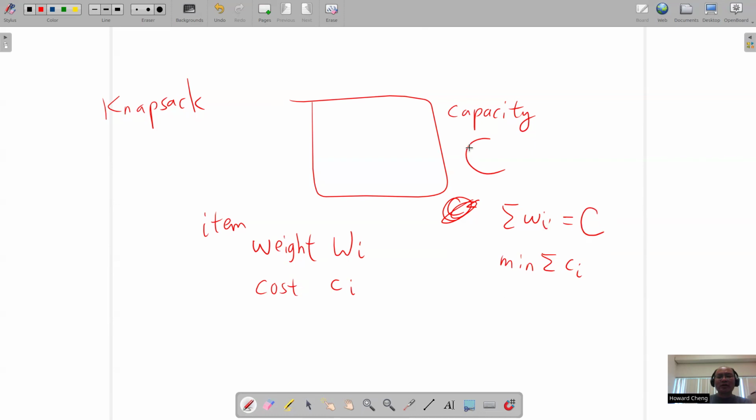So what are we going to do? We don't have capacity here. We have the total delegates. Our weights are the D_i. The cost is this M that we compute, how many people you have to influence to win that district. We want the sum of D_i to be a certain little d, minimizing the cost.